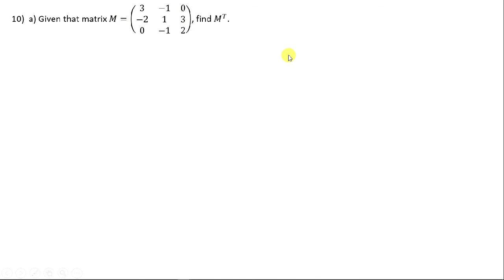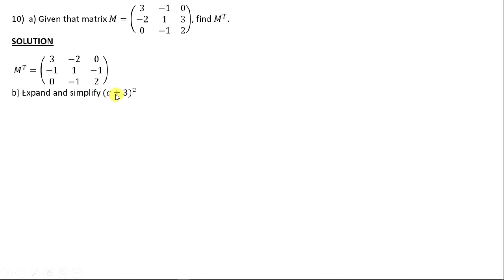So instead of having 3, -1 and 0 in the first row, this will be our first column. It will go down. Our second column will be -2, 1 and 3. 0, -1 and 2 will be our third column. So our transpose will look like that. Our rows will become columns and our columns will become rows.